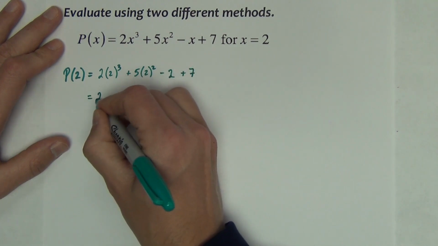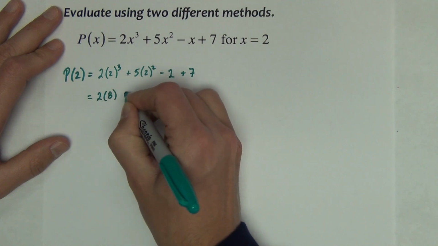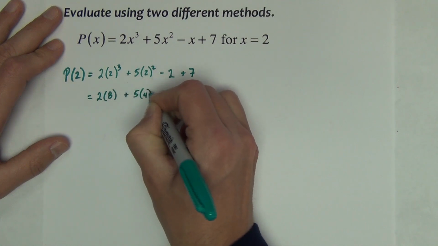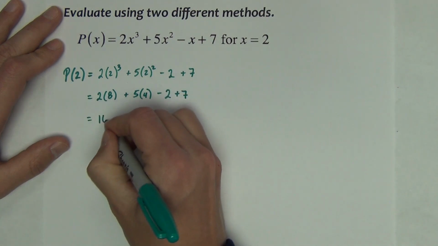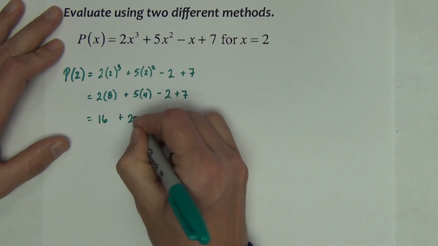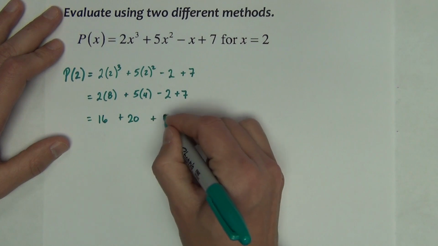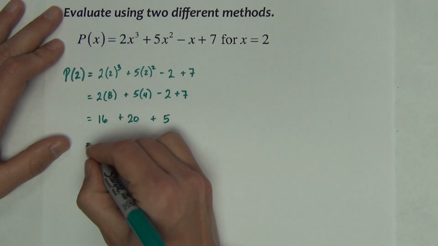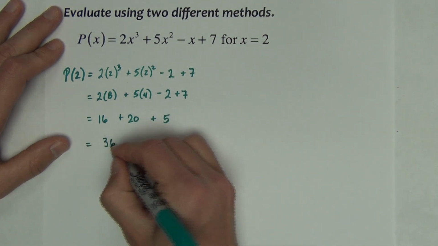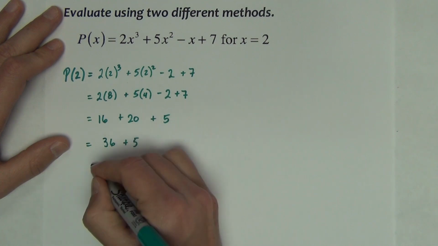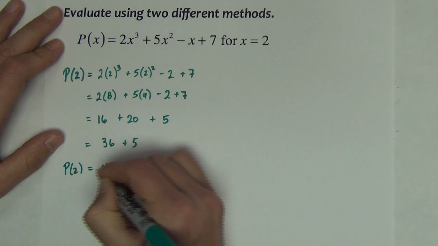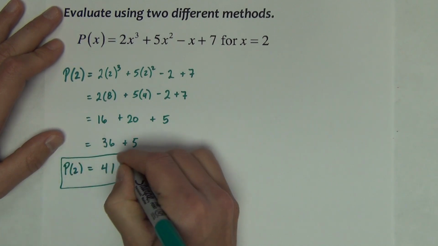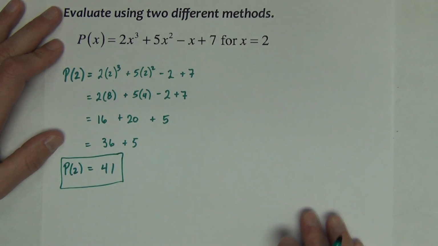So let's see, we'd have 2 times 8 plus 5 times 4 minus 2 plus 7. So this would be 16 plus 20. Let's go ahead and add these together, which makes 5. So that would be 36 plus 5, which is 41.